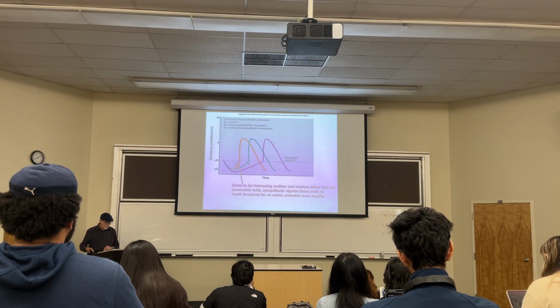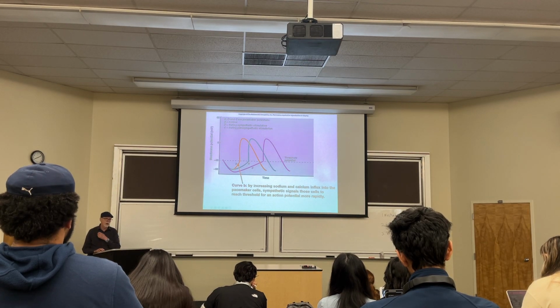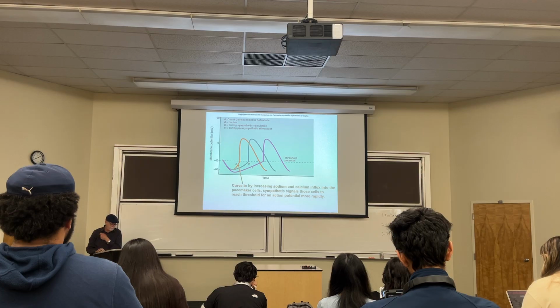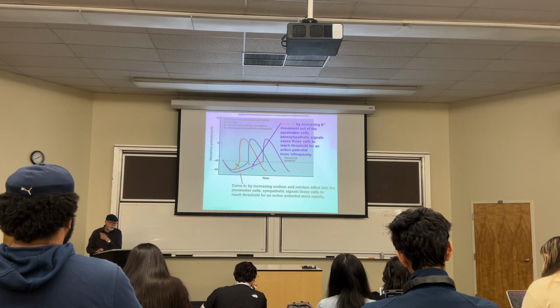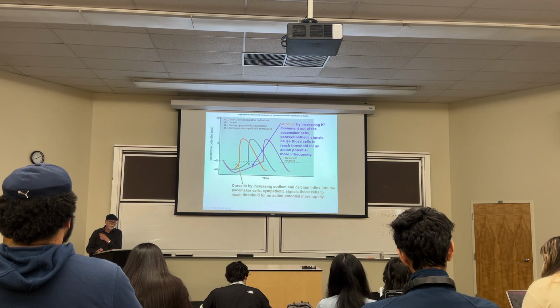So B is increasing sodium and calcium influx due to norepinephrine and epinephrine binding to beta-adrenergic receptors. It changes, they open faster, those gates. C, the mechanism's a little different. In this case, you open more potassium gates.